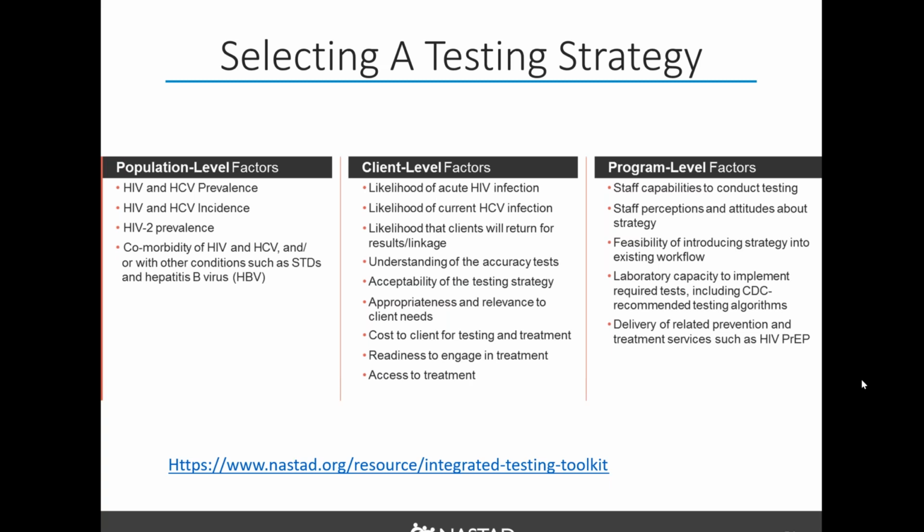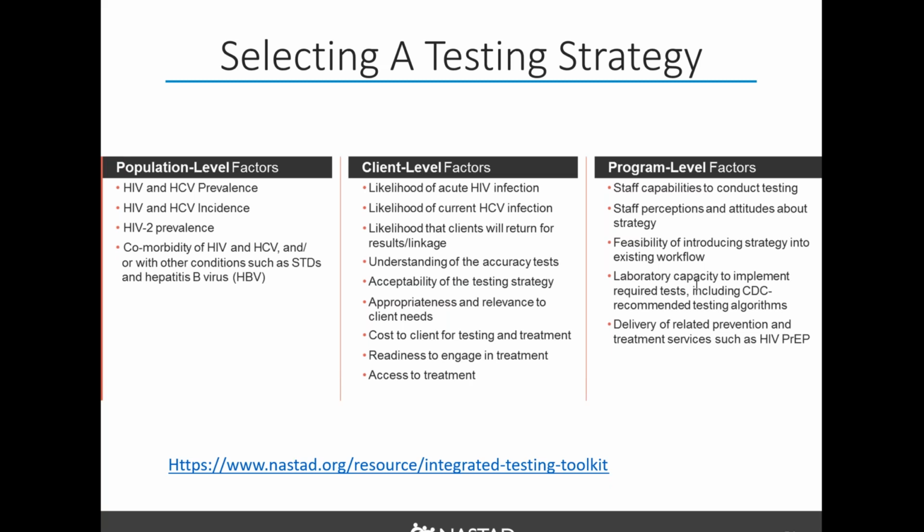I think we are coming close to wrapping up the viral hepatitis prevention cooperative agreements. And so there's an opportunity to begin rethinking how we might want to use testing technology to enhance or focus particular areas of our program.